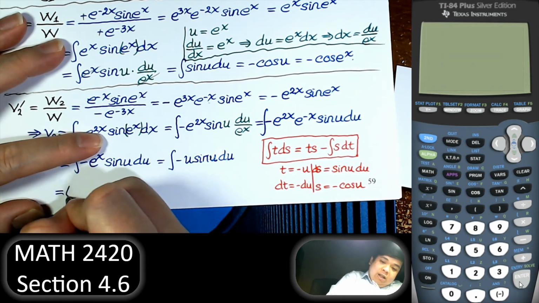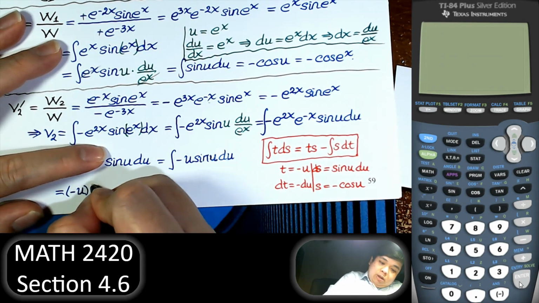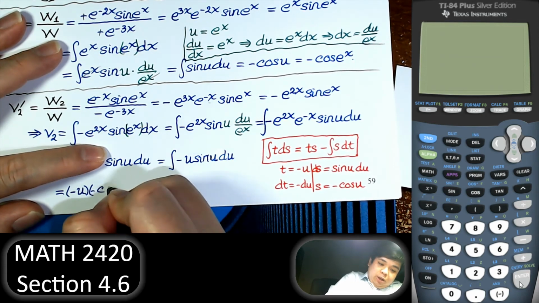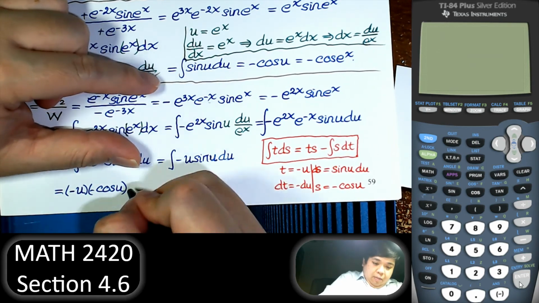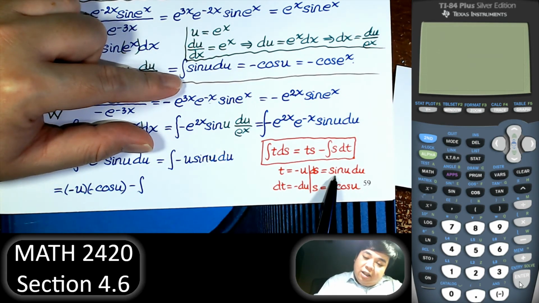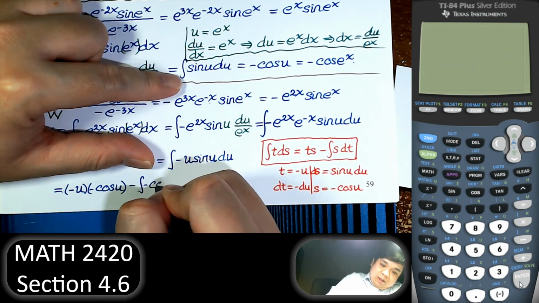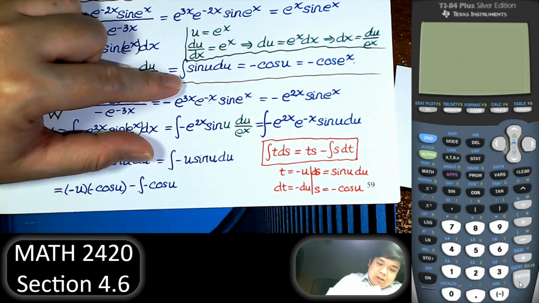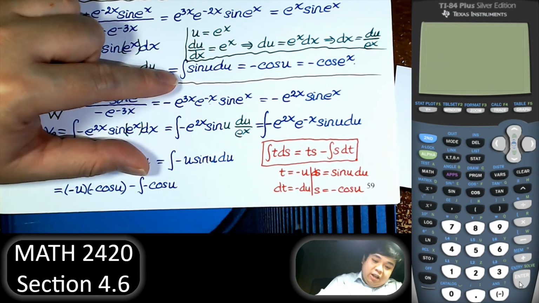So we have negative u times negative cosine of u, minus the integral of s, which is negative cosine u, times dt, which is negative du.